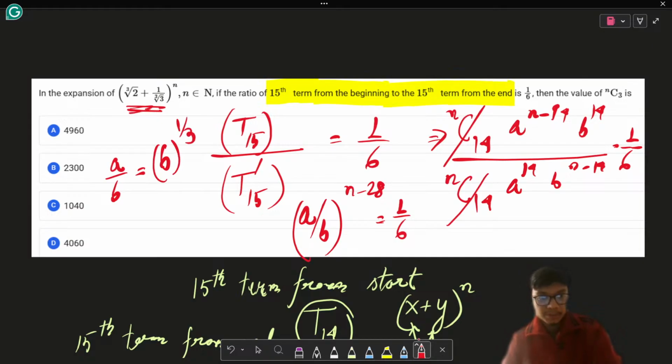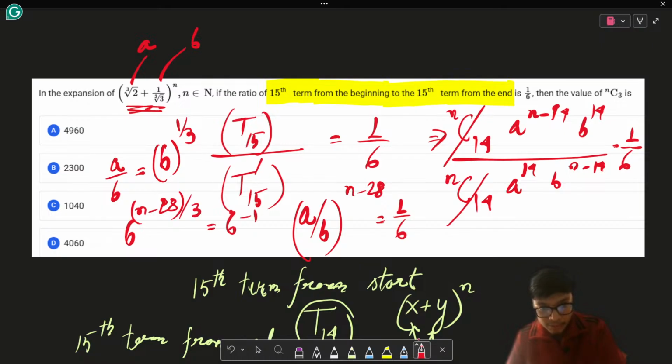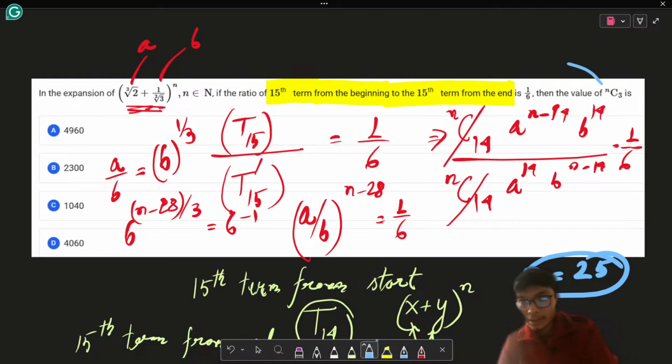So simplifying, 6 to the power (n minus 28) divided by 3 is equal to 6 to the power minus 1. From here we'll get the value of n, and if you simplify, the value of n turns out to be 25.